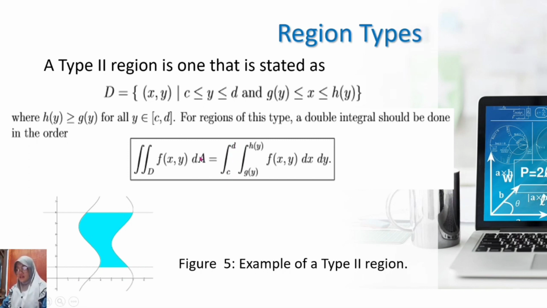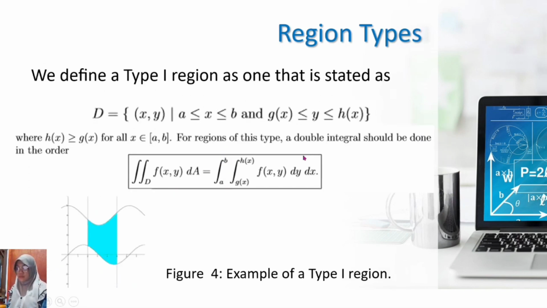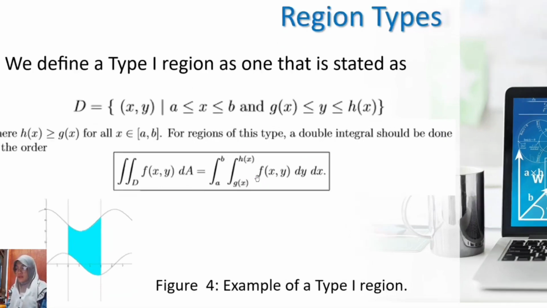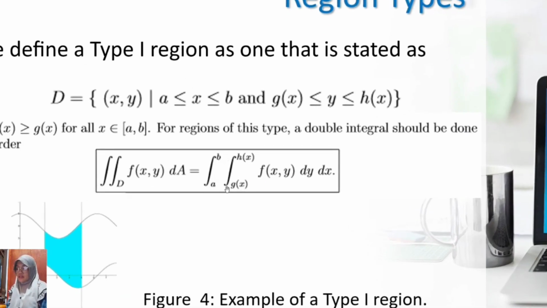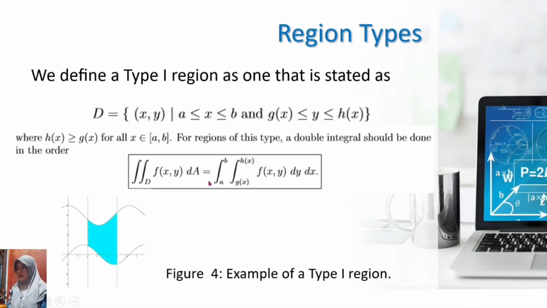Same as the type 1 region, we first integrate the inner, which is the integral from g of x to h of x of the function f of x and y with respect to y. And then next is the outer. After getting the inner integral, we integrate over the constants, which is the integral from a to b.